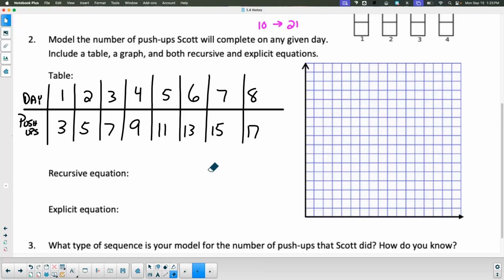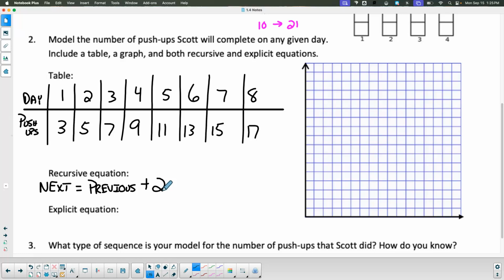Okay, you guys all told me that he was doing 2 push-ups more every day. So my recursive equation is going to be the next term equals the previous term plus 2. Agree with me on that?